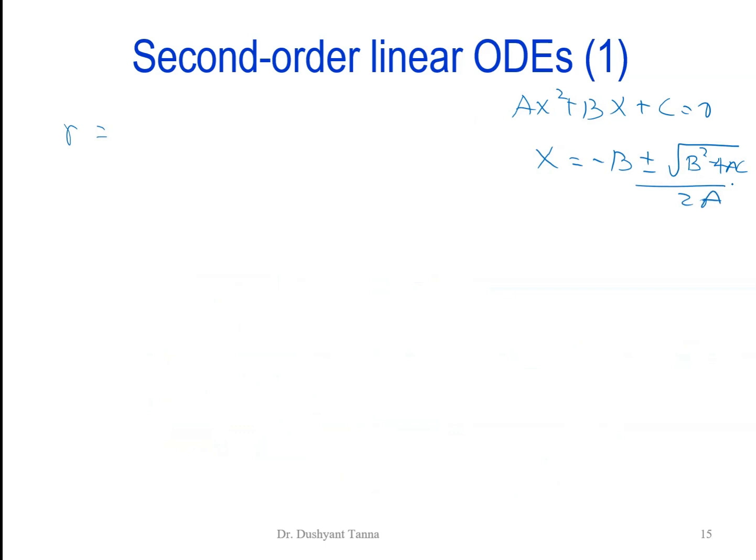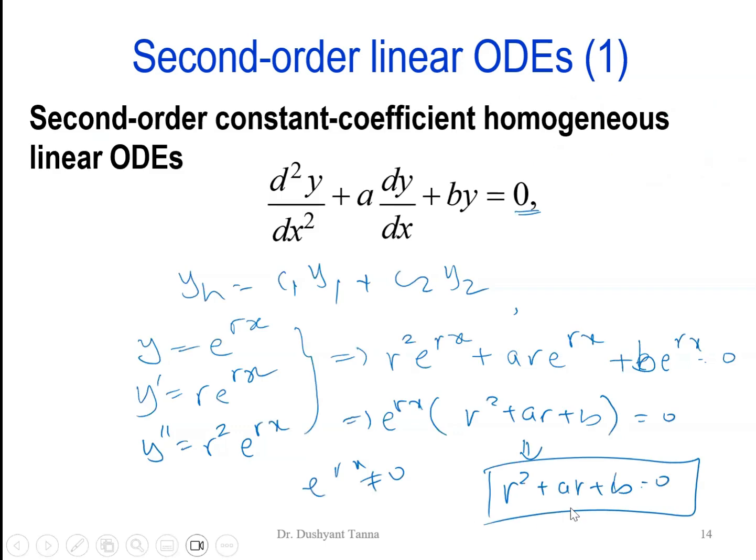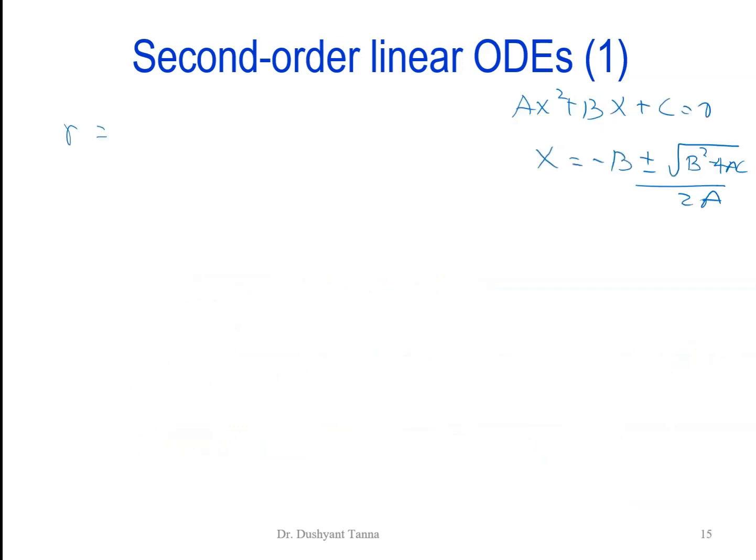So x will have two roots there. Up here, my capital A is 1, my capital B is a, and C is b. So minus a plus or minus the square root of a squared minus 4b, over 2 times 1.